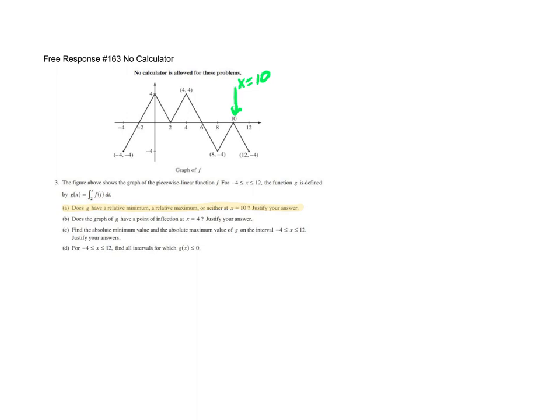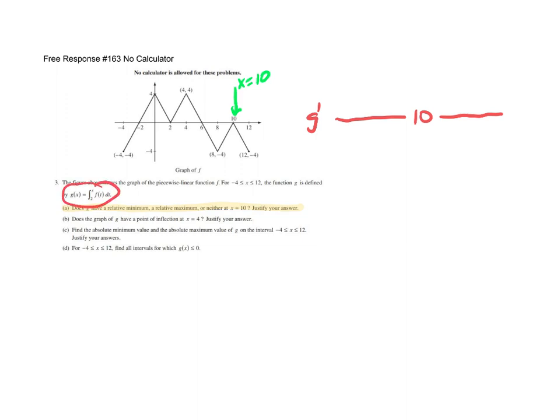So remember, when we look for relative extremes, we typically make a sign diagram. And since we're interested in the point 10, I'm just going to make a sign diagram based on point 10 there. Now, the sign diagram should be on g prime. Okay? Let's figure out what g prime is.